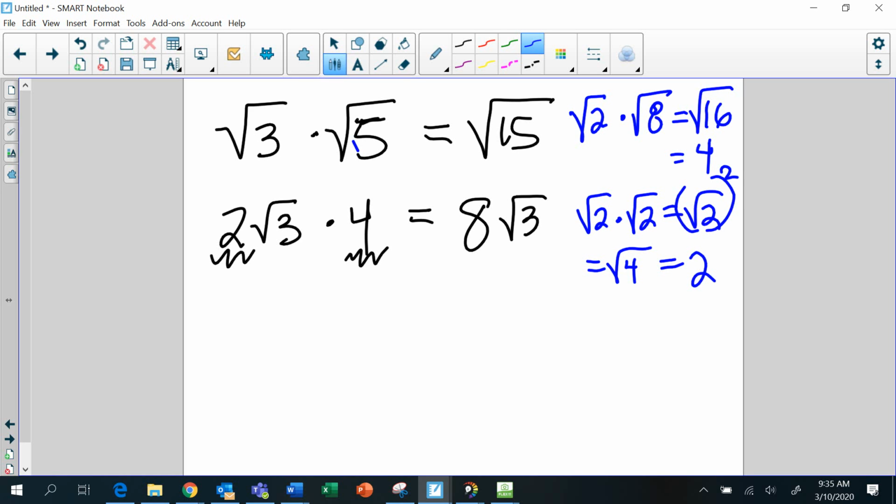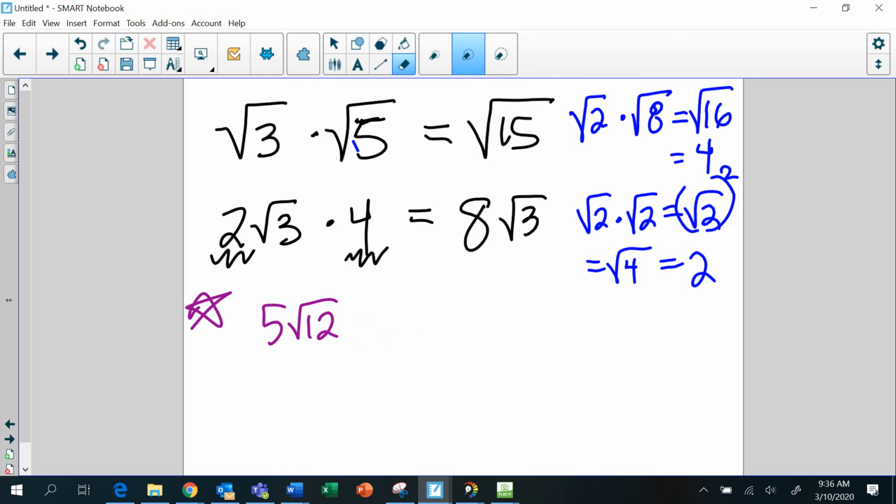Okay? The last thing that I saw a lot of people asking me questions about, this is a major one. Let's say I have 5 square root 12. Is square root 12 in simplest form?